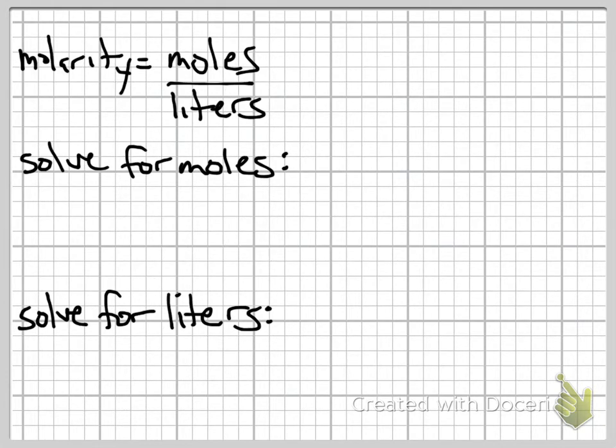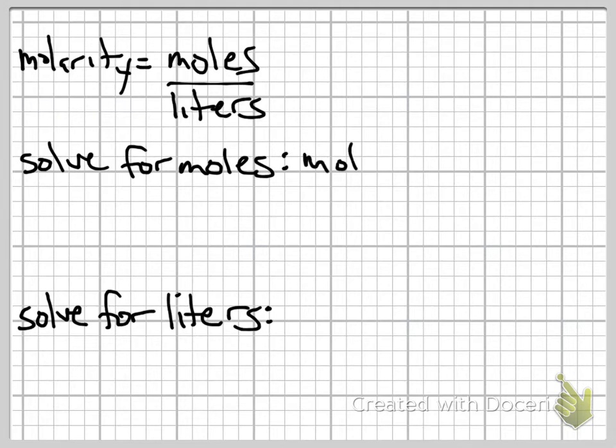And up top, I put a simplified version of the molarity equation that I introduced on the previous slide. And what we're going to do here is just solve for the other 2 quantities. If you're asked to find the molarity, all you've got to do is take the moles, divide by the number of liters, and you've got it. If you want to solve for moles, you need to manipulate the equation a little bit. So I'm just going to go ahead and do that here.